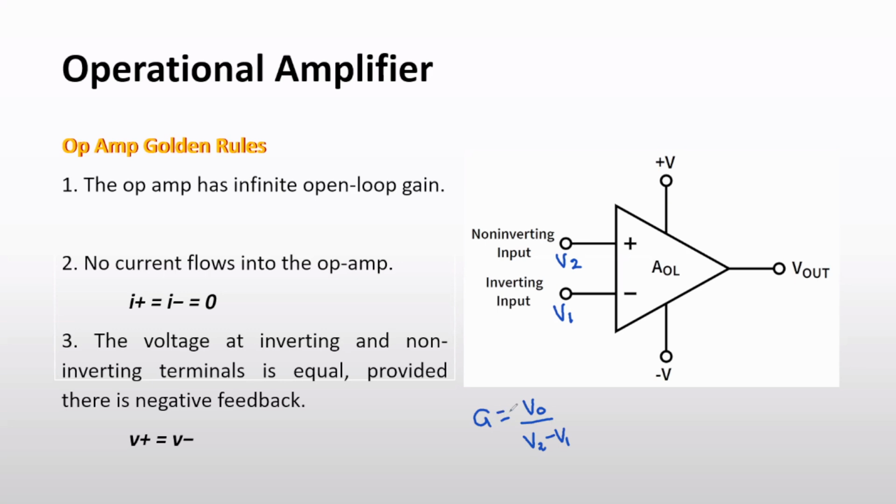But this voltage output, V naught. So now by this equation you know that V naught is equal to G into V2 minus V1. So let's think that we will give a voltage here 1 volt, and for this one 3 volts, and let's think the gain is 10.